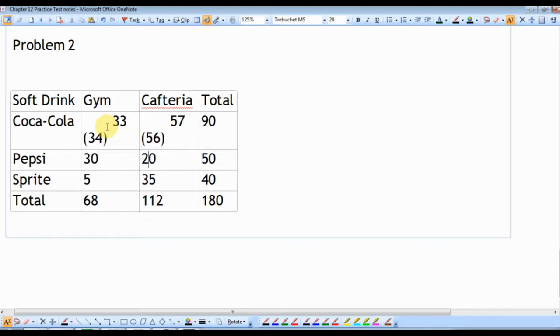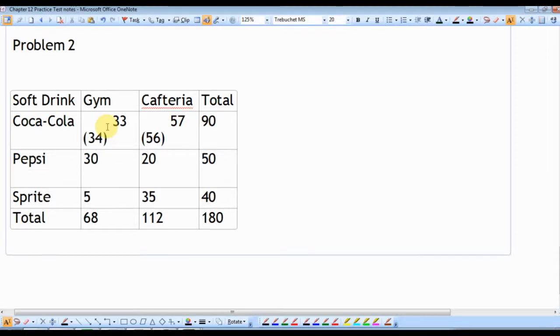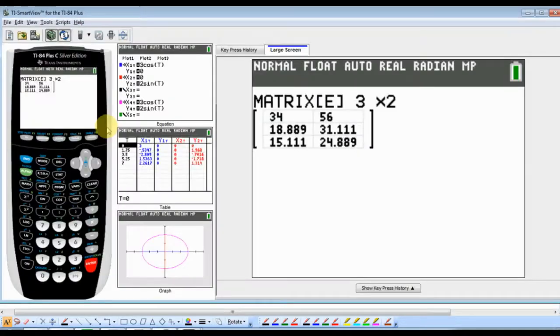Okay, so that takes care of that first one. Note that the expected counts are not very far away from the actual counts. So that's not really changing our chi-square test statistic very much. 18.8 and 31.1.